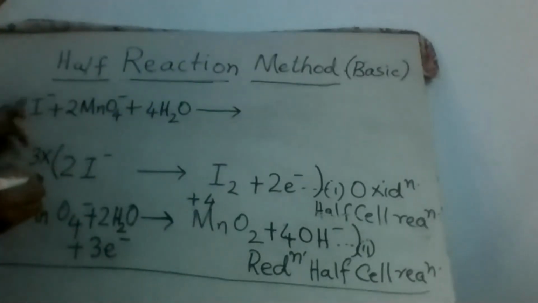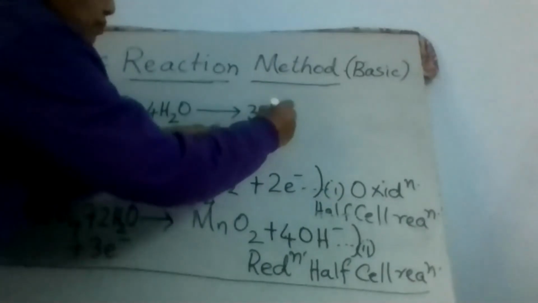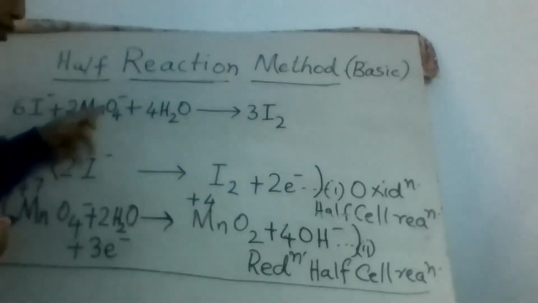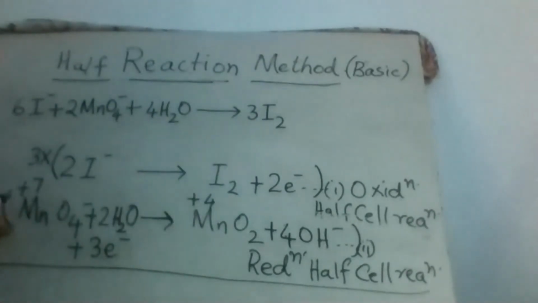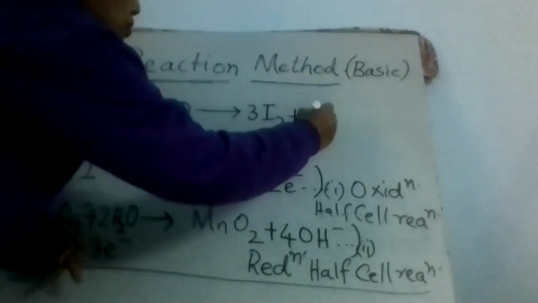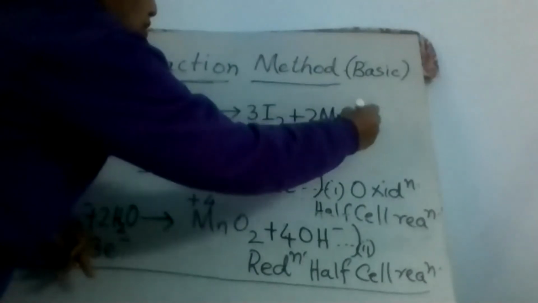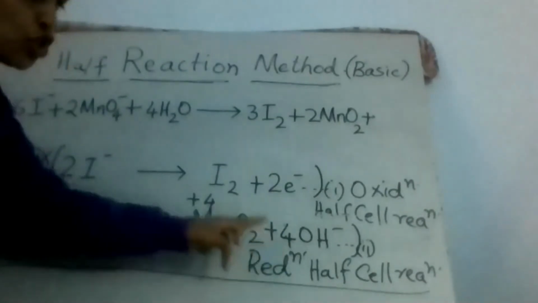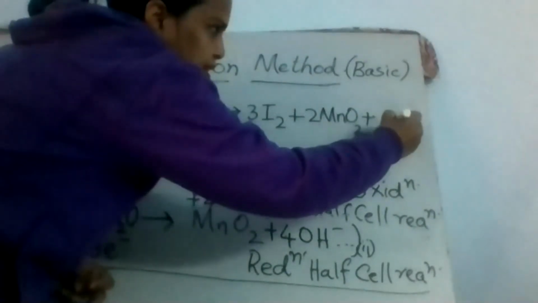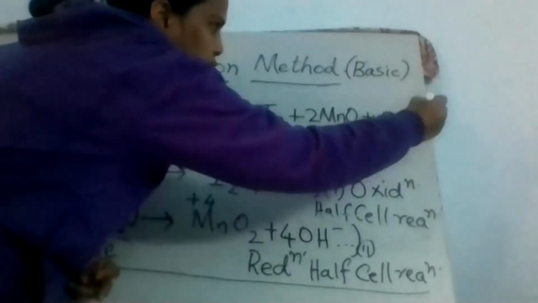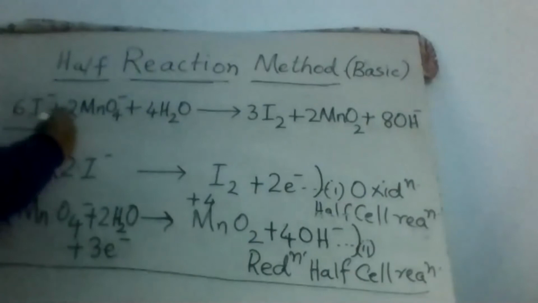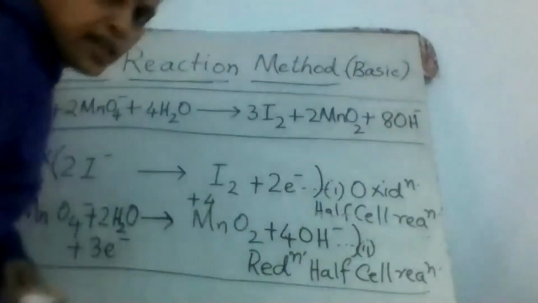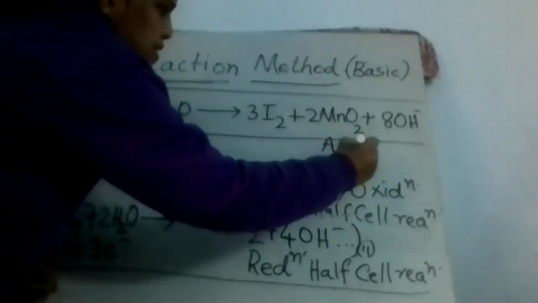If you write I minus first, then on the right hand side also, you will write I2 first. Then after you will put manganese. So 3I2 plus 2MnO2 plus 2 into 4OH minus, that is 8OH minus. And this becomes your well-balanced equation by ion electron method in basic medium.